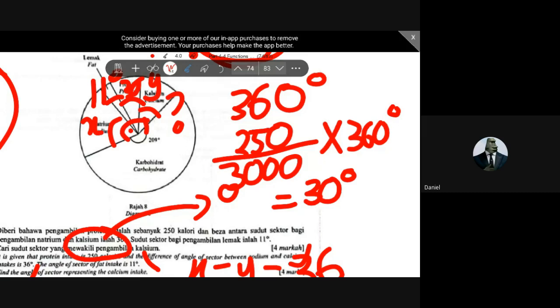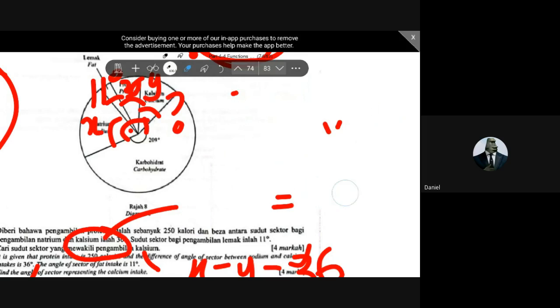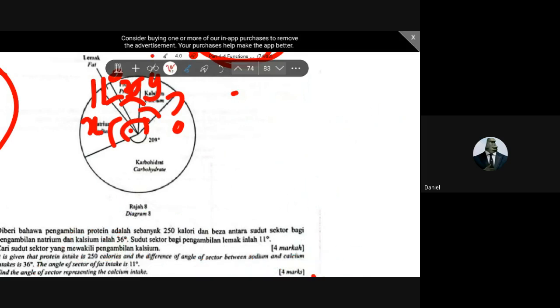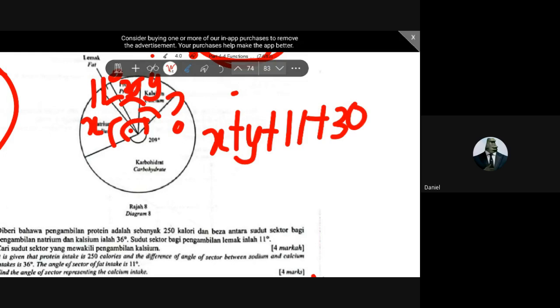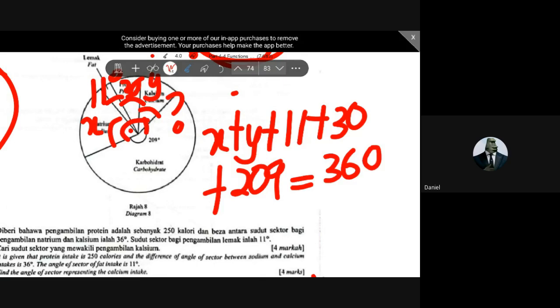Good. So now you have to form the linear equation. Okay. So now you have all the angles. Kamu dah ada semua angle sekarang, sudut. So X tambah Y tambah 11 tambah 30 tambah 209 equals 360. Okay, so X plus Y equals, you just press the calculator, you can get the answer, equals 110.